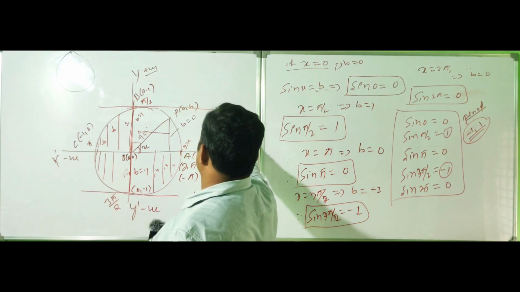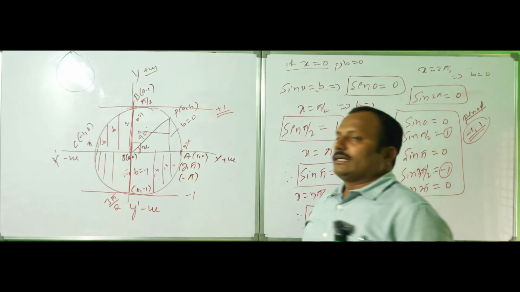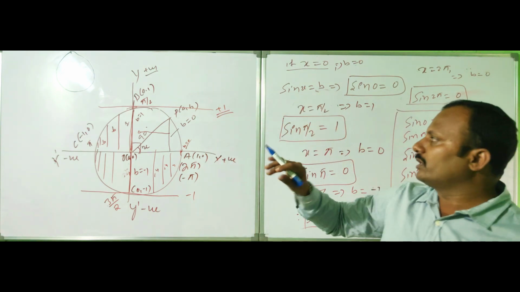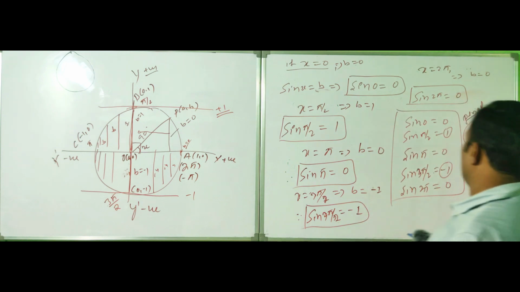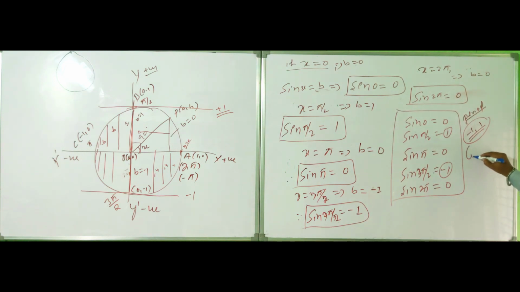That's why it swings between 1 and minus 1, and that's why it's called a periodic function, the circular function.